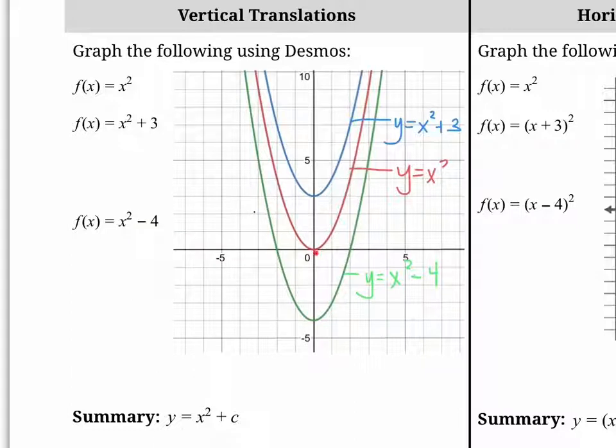And what happened is every single point of the original parabola, the red one, got shifted down 4 units. So here now this is the point 0, -4. It was 1, 1. Now it's the point 1, -3. So every point moved up 3 when we added a number and moved down 4 when we subtracted that number.